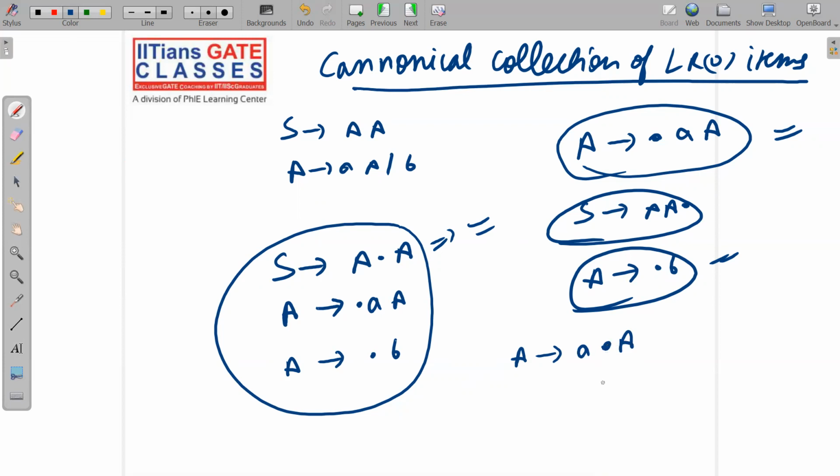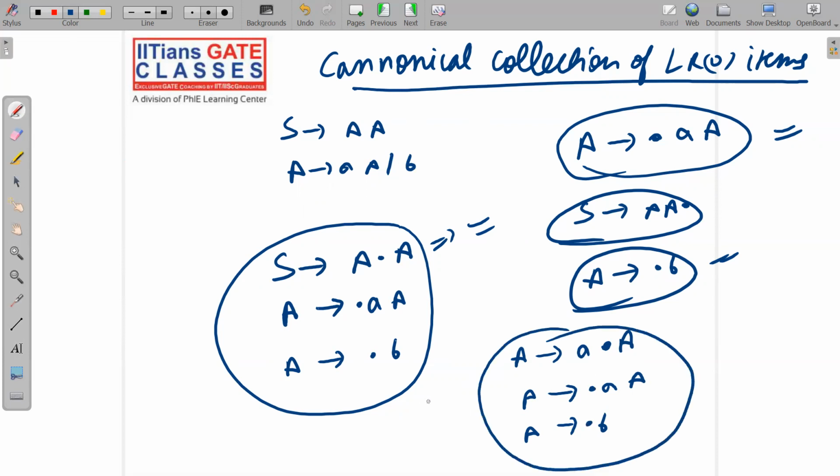Because the dot is present in the beginning of A, so we have to add all the productions of A, from the grammar, A goes to a A and A goes to b, with the dot in the beginning. That is the basic meaning of canonical collection.